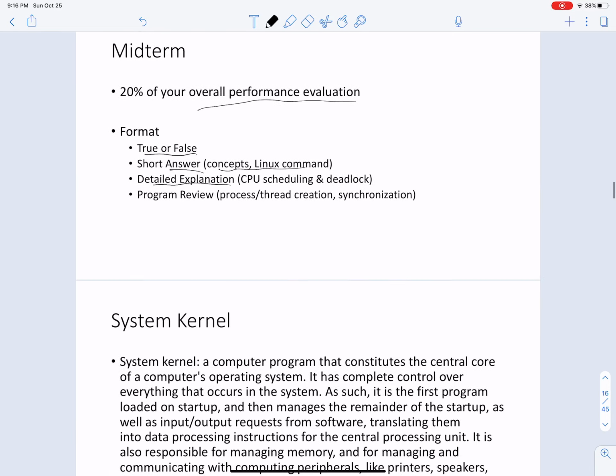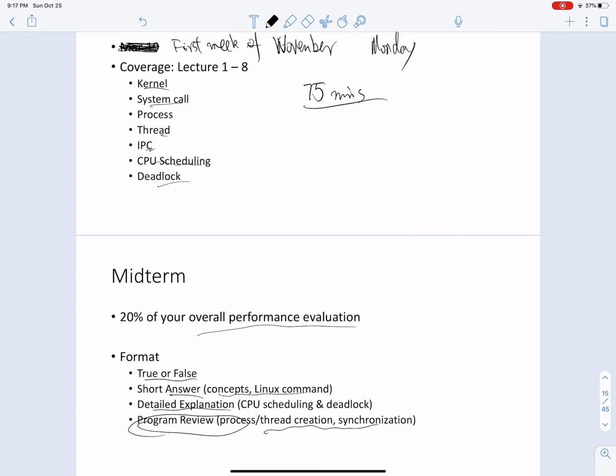I'm pretty safe to say you can get everything correct, except maybe for the program review part. If you want to do well in this part, go back and check the slides on process and thread creation and synchronization for the kind of code I showed in those lectures.